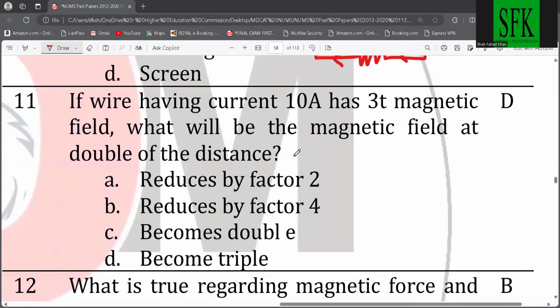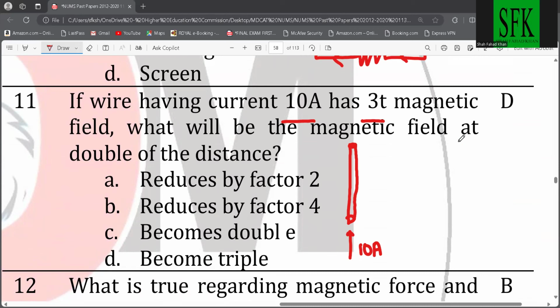And if a wire having a current of 10 amperes has 3T magnetic field, what will be the magnetic field at double the distance? Okay, so this is a wire, and current is passing through it of 10 amperes.